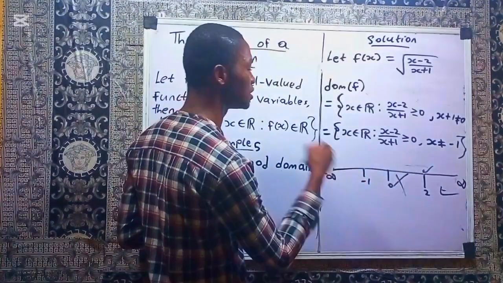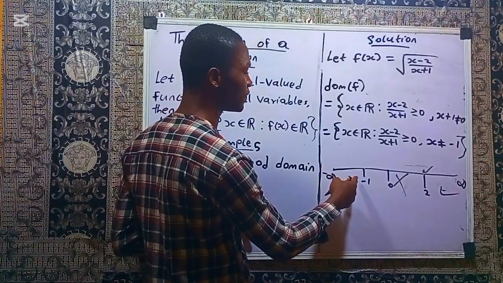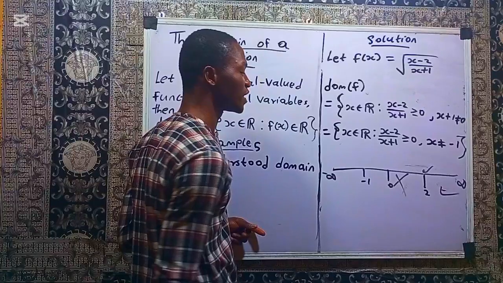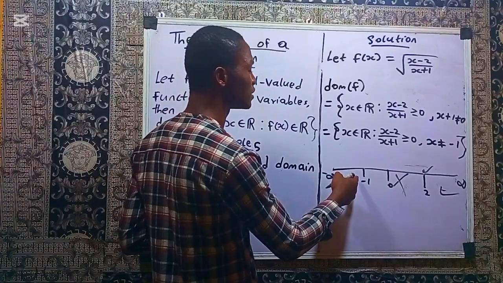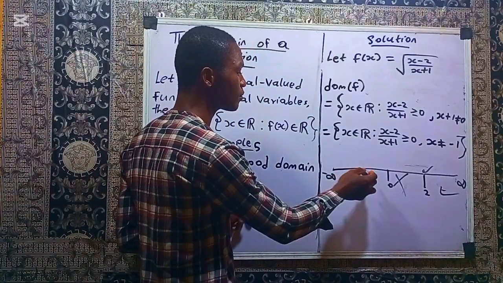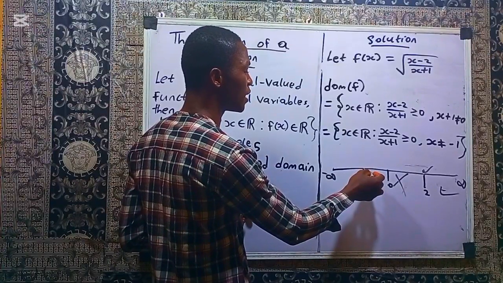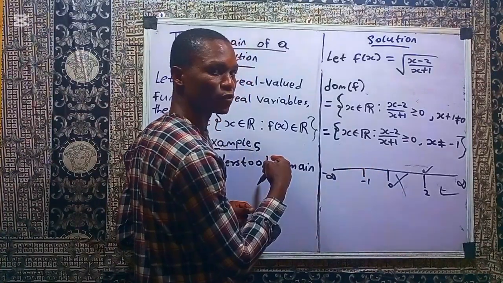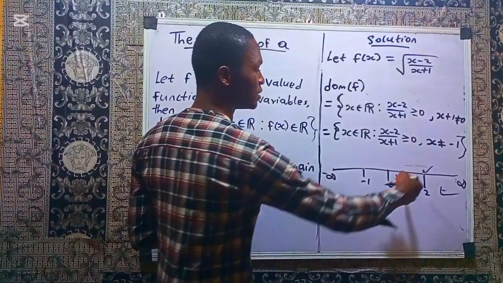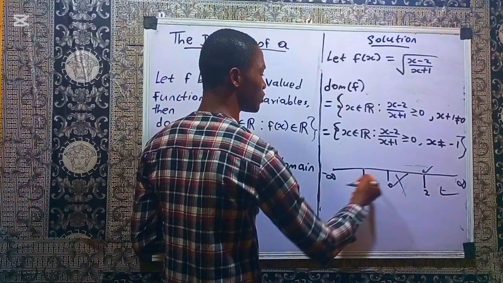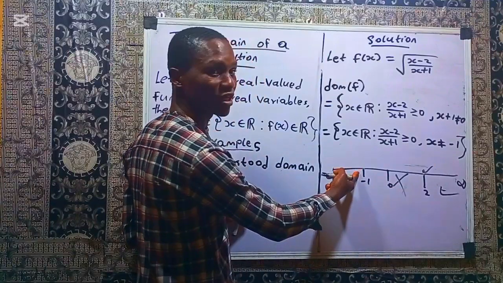So let's come to this side of negative 1. Now if you come to this side of negative 1, if you pick a number from negative 1 this side towards this side, because I've told you that between 2 and negative 1 is cancelled because it's not satisfied. So you come to negative 1.